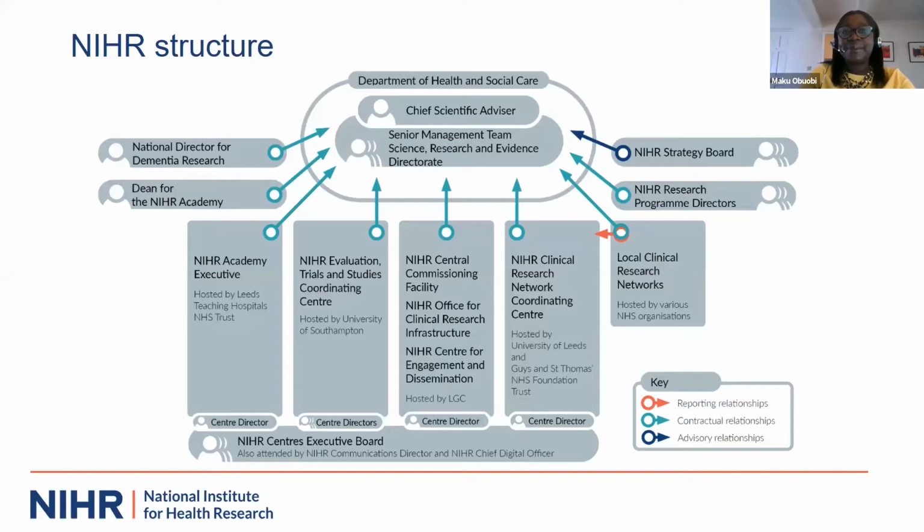NIHR was established in 2006, funded mainly by the Department of Health to support clinical and applied health and social care research. The organization has a number of different centers involved in a range of health and clinical research activities, including awarding contracts for health research, originally mainly in the UK.